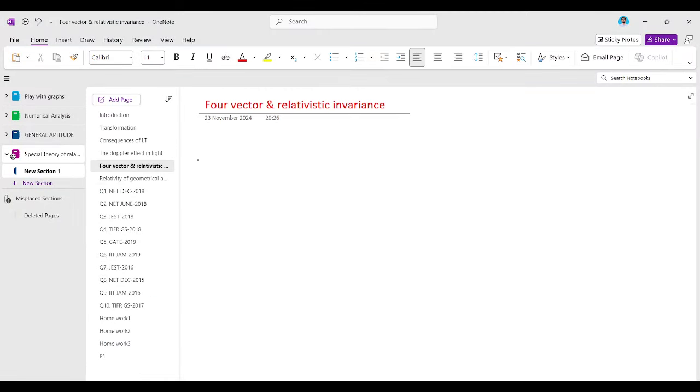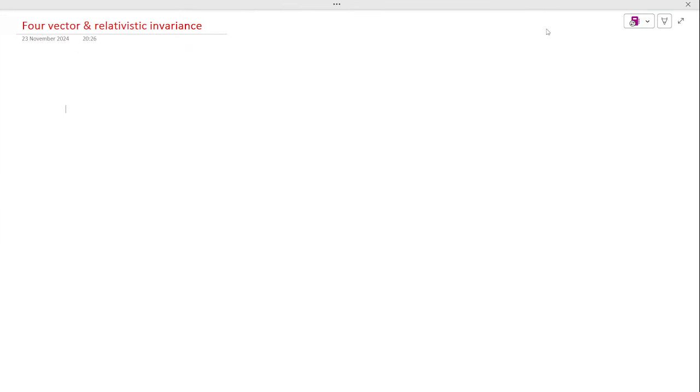Our next topic, the 4-vector and relativistic invariance. So here first one, for position x we have it in the form of dx, dy, dz, ic dt.